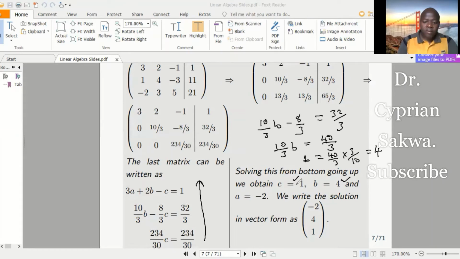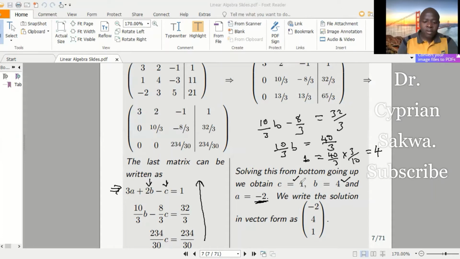Now, I have the value of C and I also have the value of B. I proceed with this other equation and substitute B as 4 and C as 1. Then make A the subject of the formula. A would be -2.